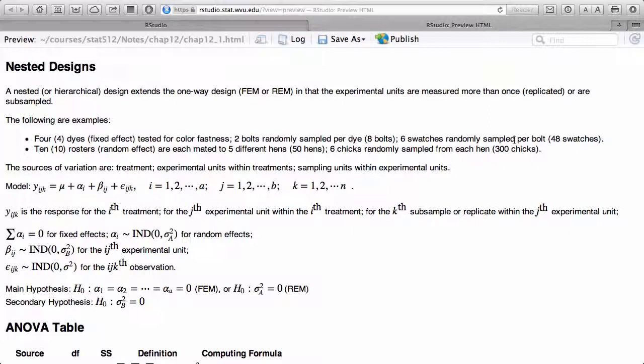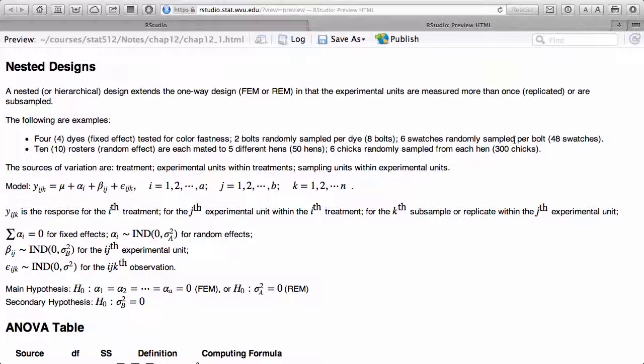So you have tree-to-tree variation, and you have sampling within tree. Or if it's a human and you're doing blood tests, you may apply a treatment to a person, but then you may have multiple blood tests on each person. So again, the person is the experimental unit, and the multiple tests on an individual are the subsamples. So this is a type of situation we're doing.